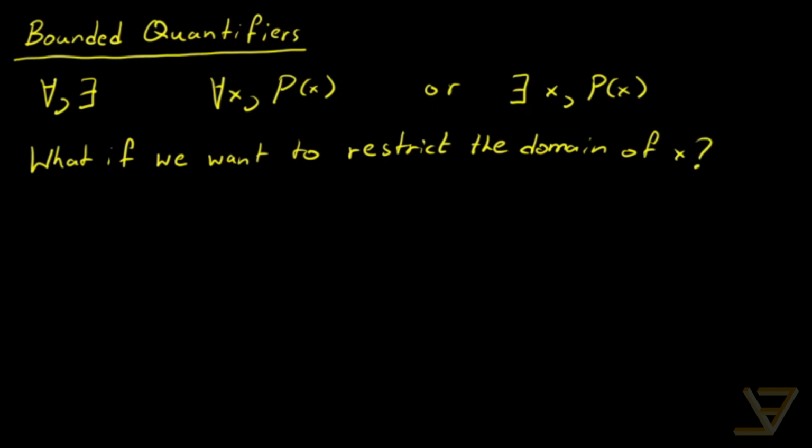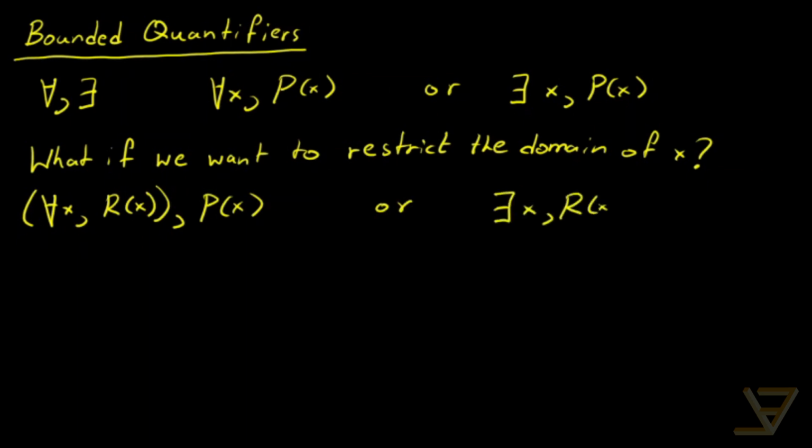We might want to say something like for all x, r of x, where r of x is some predicate that we're insisting that x satisfies, p of x. Or we might have there exists an x such that r of x and p of x.